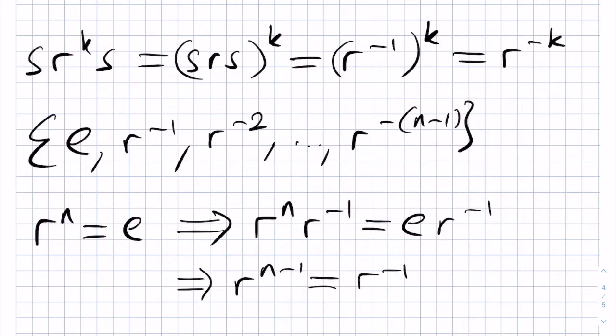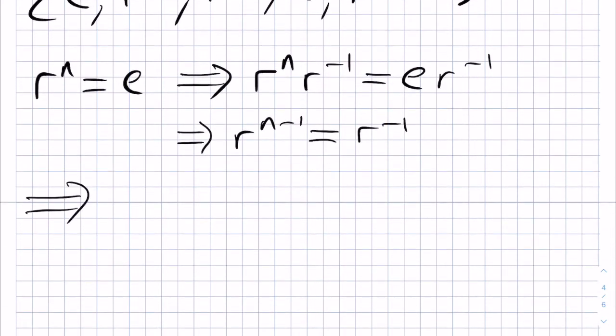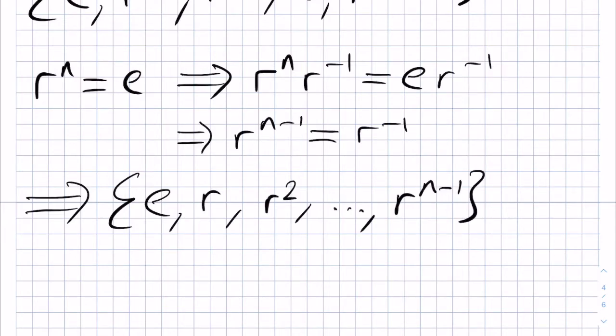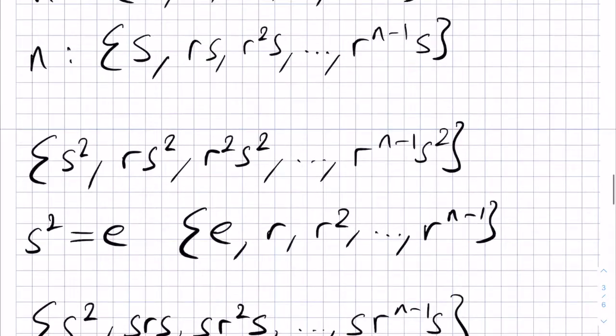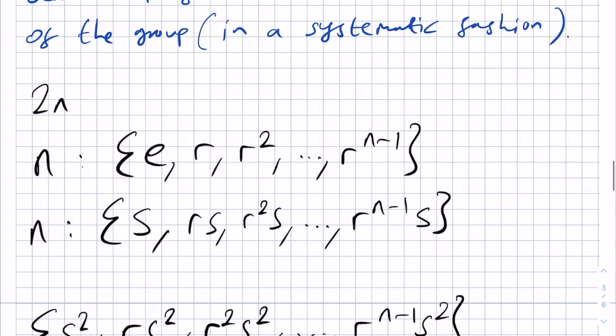And so really, we just have the same rotation elements as earlier, e, r, r squared, all the way up to r to the n minus 1. By considering similar arguments, we can find that we only have the 2n elements that we wrote down above, and there are no more, and they are all distinct.